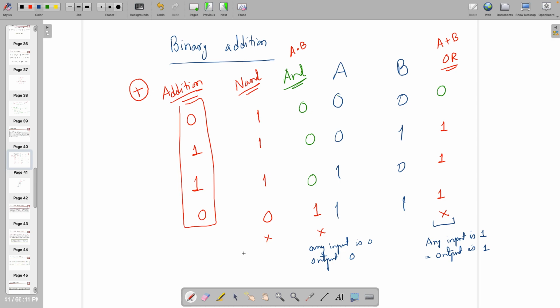And here, if any input is 0, the output is 1. Whereas in this addition, can you logically say something about this addition?